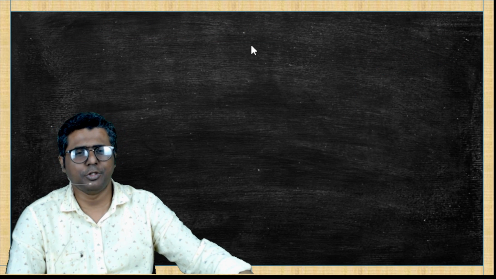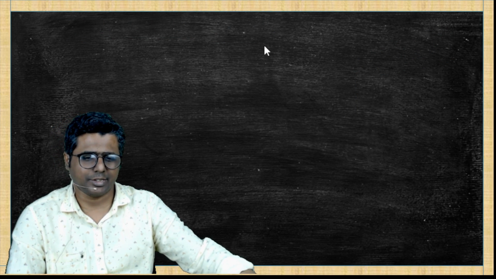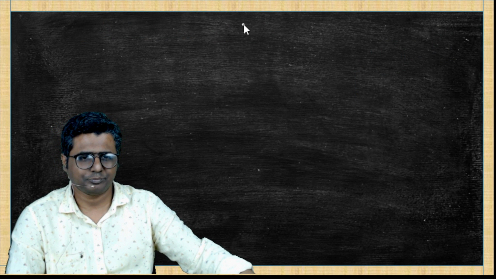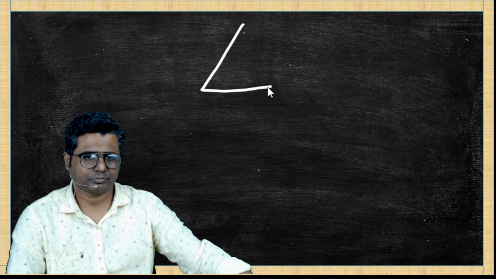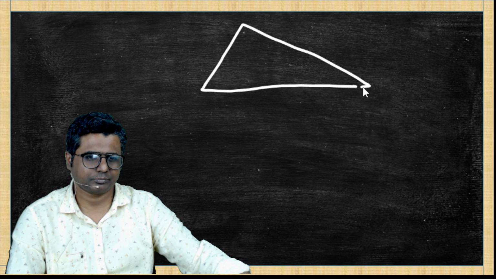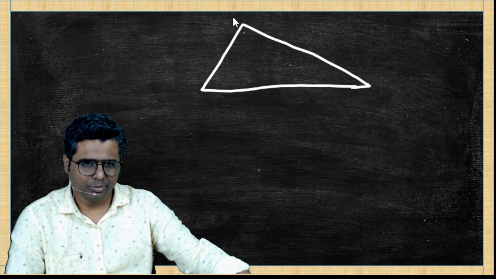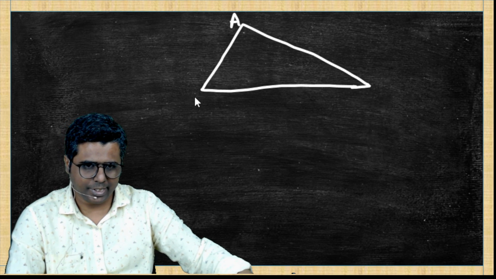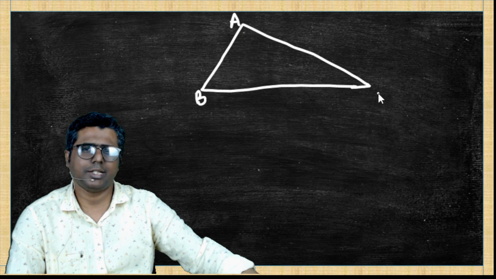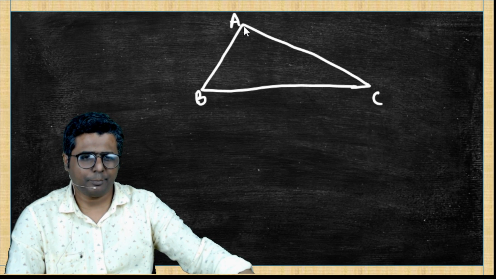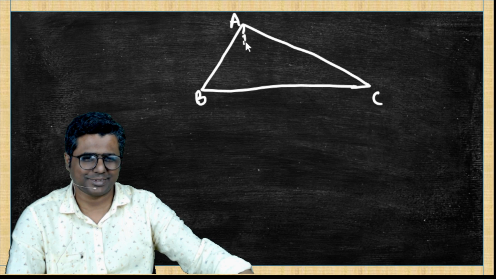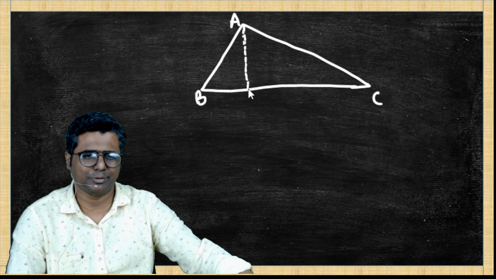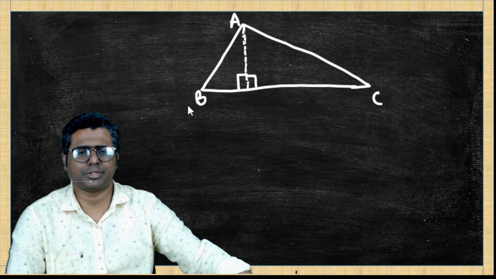So first we'll draw a simple triangle, wherein I will name the vertices A, B and C. I'll drop a perpendicular because, at the end of the day, the perpendicular is very important in calculating the area of the triangle.